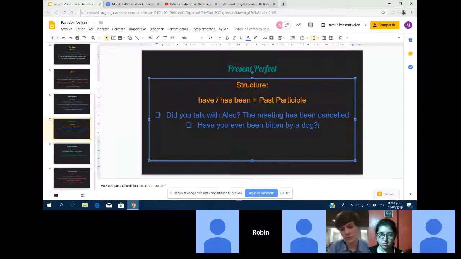It has a result that's present, but the action happened in the past. In this case, you use the passive because the important thing is the meeting, that the meeting has been cancelled, not that it is cancelled by someone. So a tip from the passive is that sometimes the sentence doesn't need an agent because the important thing is the new information or the object.